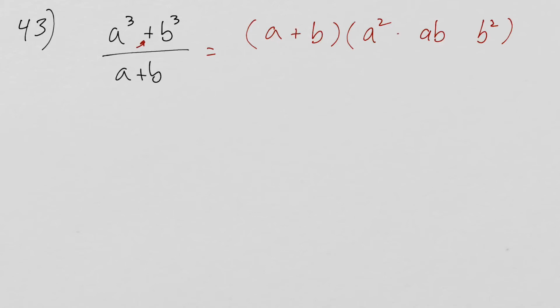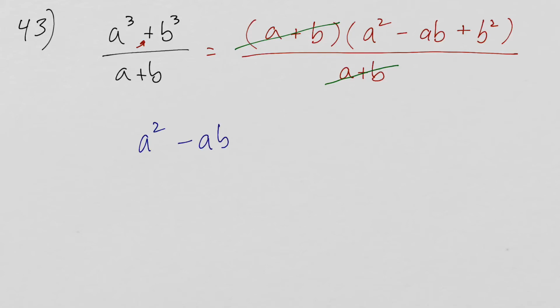Same, opposite, always positive. Over A plus B. Now this entire factor cancels with this entire factor. And we're left with, without any parentheses because they would be redundant, A squared minus AB plus B squared.